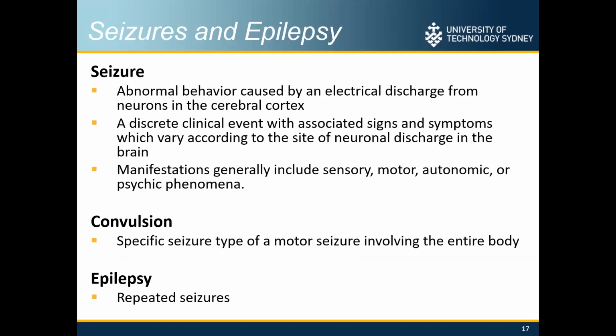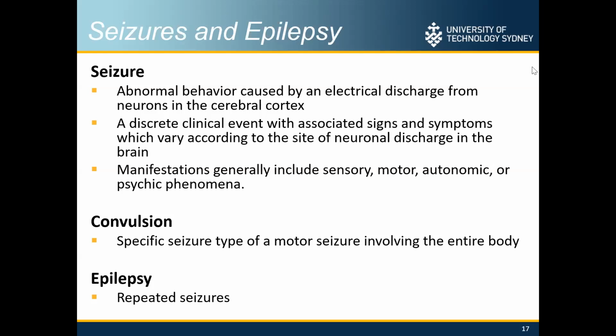So the next bit is looking at seizure and epilepsy. So epilepsy is a neurological disorder that is characterized by the onset of repeated seizures. Seizure, on the other hand, is defined by the abnormal behavior caused by an electrical discharge from the neurons in the cerebral cortex, which leads to specific signs and symptoms that can vary depending on where these abnormal discharge are coming from.